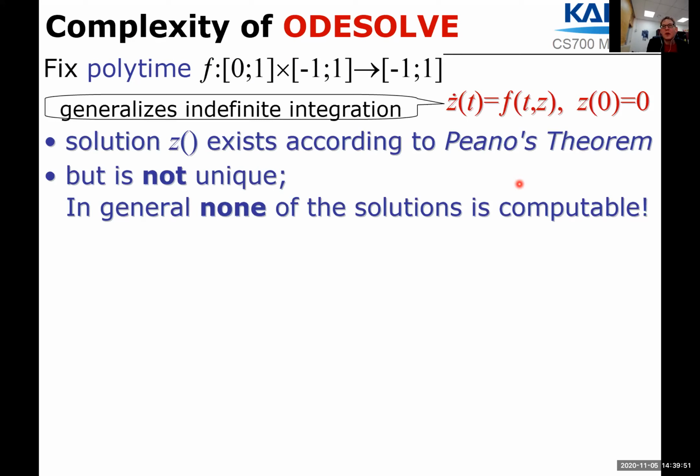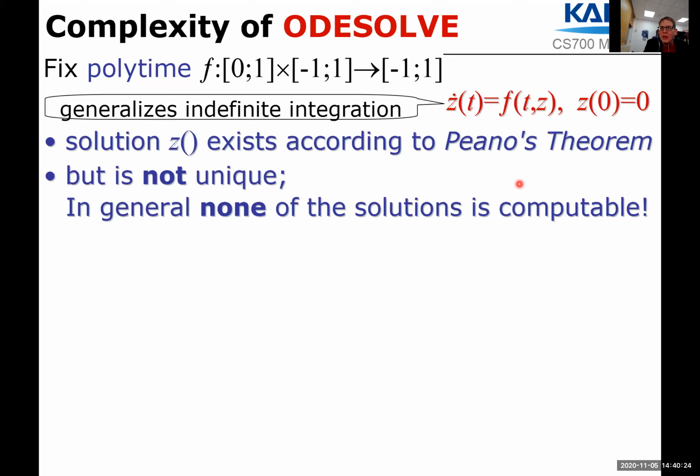Whereas when we consider solving ordinary differential equations, there are these infamous counterexamples where the solution exists, that's asserted, but not unique. And there are many solutions in general. And the complicated counterexample shows that in general, none of these solutions may be computable. It's an artificial one, but it demonstrates the limitations.